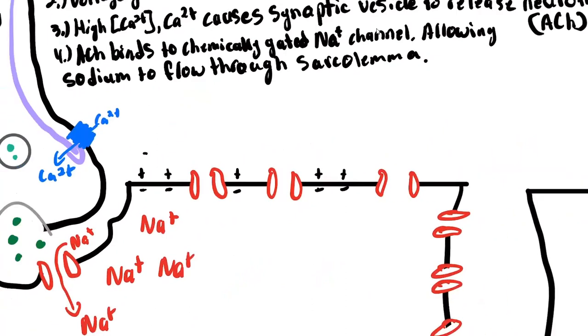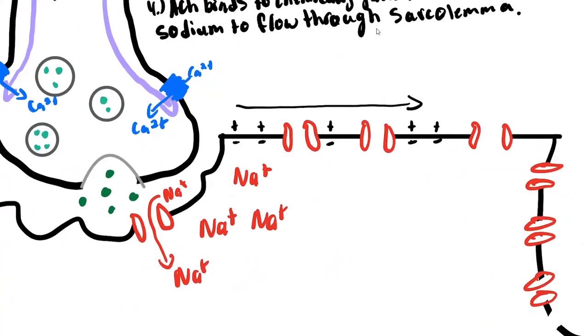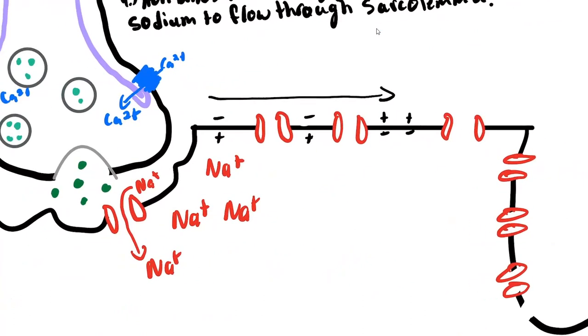But once depolarization happens down here, it's going to flip the charges. So this is going to be negative and this is positive. It makes the membrane less negative, and by doing so, it's going to open up more sodium channels.